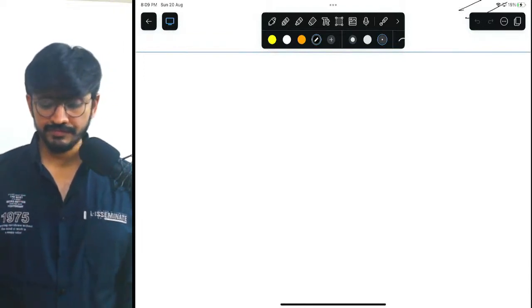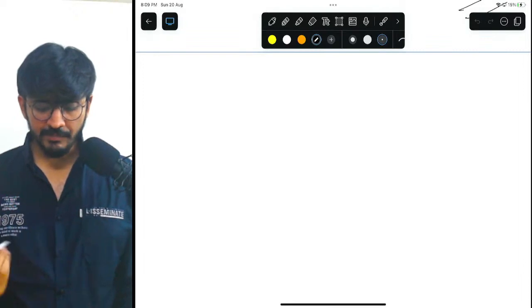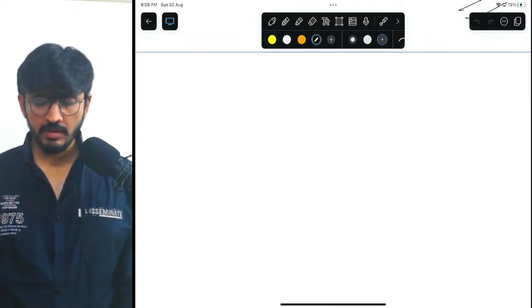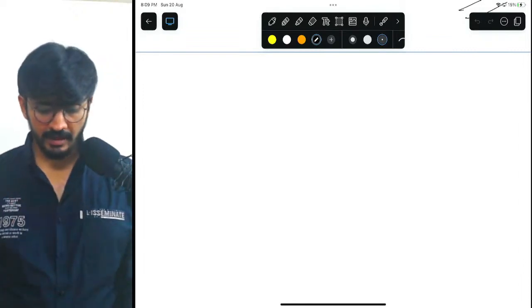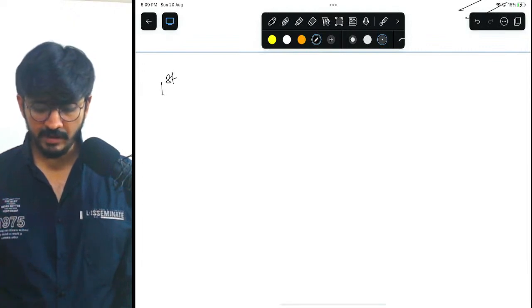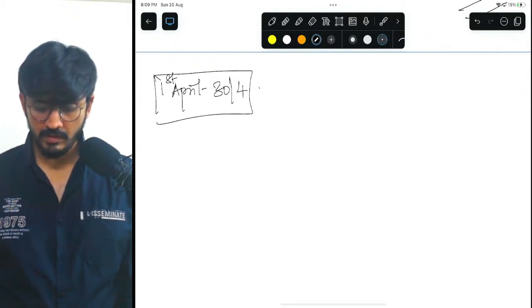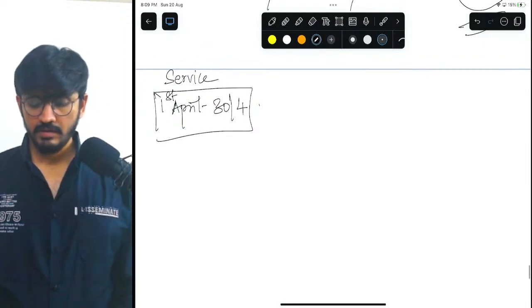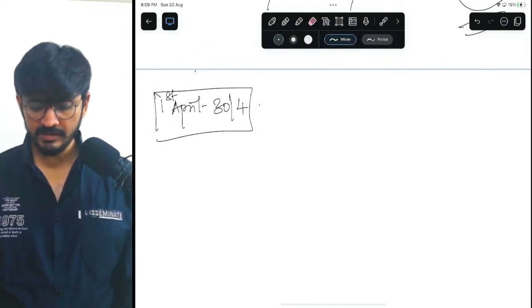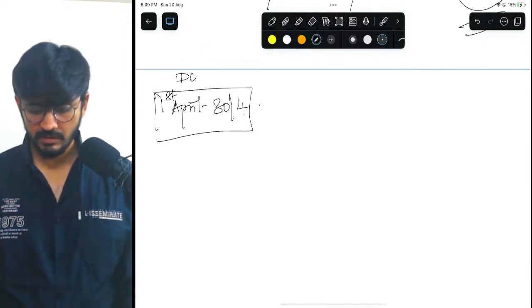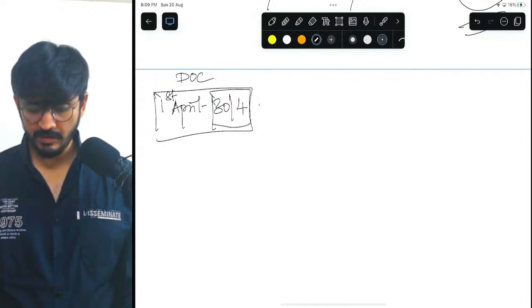So for example, if I talk about your mobile phone bill, from 1st April to 30th April they will give you service, correct? So your date of completion of service is 30th April.